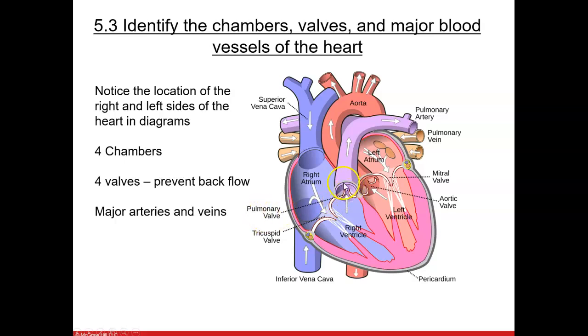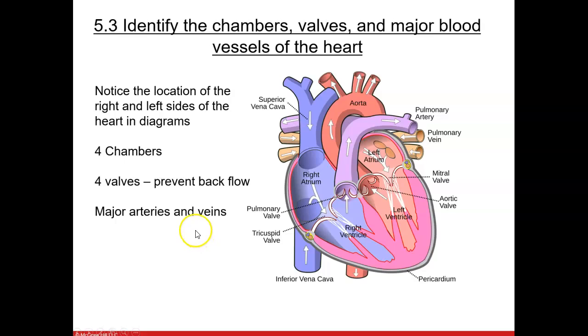So there's a valve that's going to carry the blood to the lungs, before we get to that pulmonary artery. And then the fourth valve is going to carry the blood to the aorta, so we call that the aortic valve. So we have 4 valves that prevent the backflow of the blood: the right AV valve, also called the tricuspid valve, the left AV valve, also called the mitral valve, the pulmonary valve, and the aortic valve.